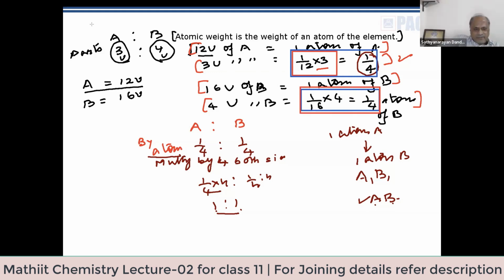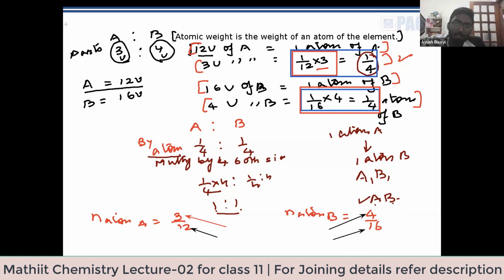I find here number of atoms of A was equal to 3/12 and number of atoms of B was equal to 4/16. Now tell me, common sense, what is 3 and what is 12? What is 4 and what is 16?